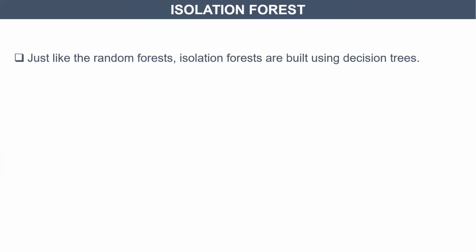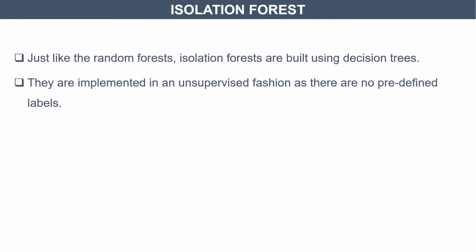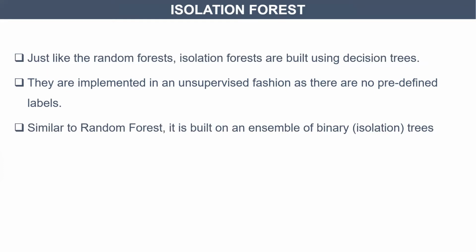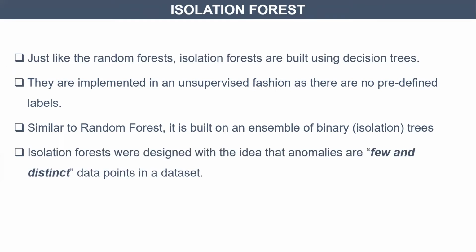Isolation forests are like random forests, and they are built using decision trees. They are implemented in an unsupervised fashion because there are no labels. Basically, it's just like random forest, again an ensemble of trees. The assumption behind it is that anomalies are outliers and they are fewer, distinct points so that they can be isolated easily.